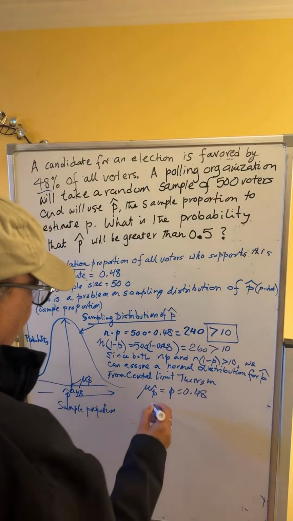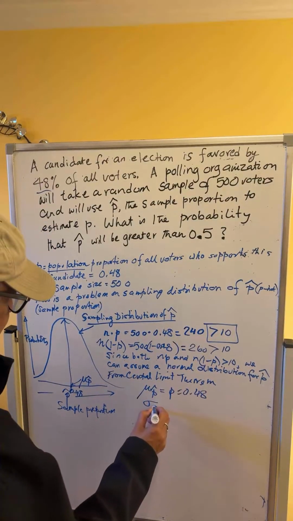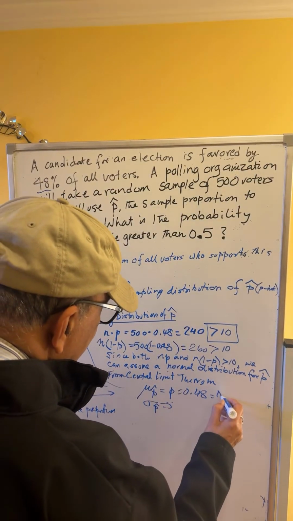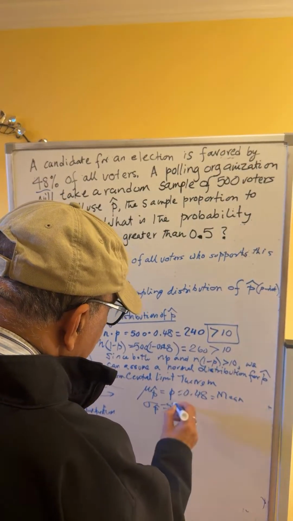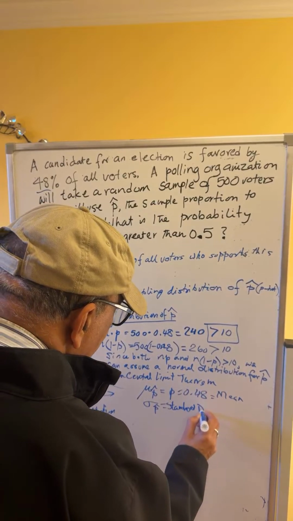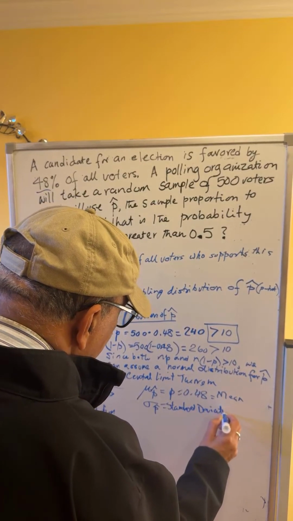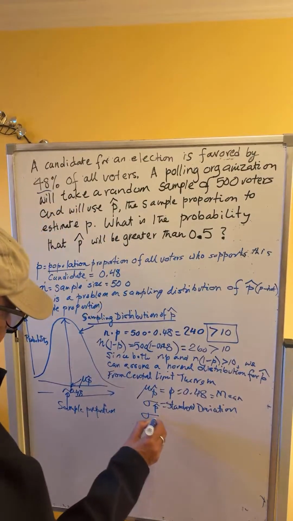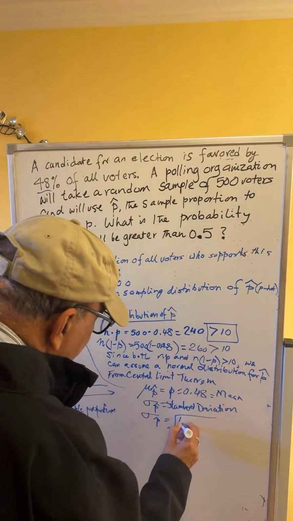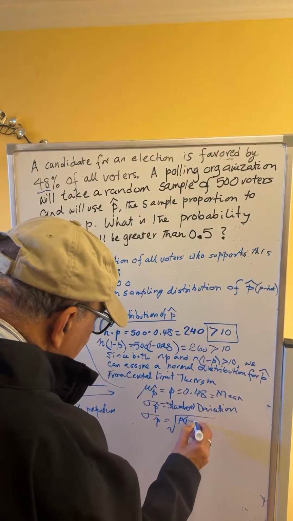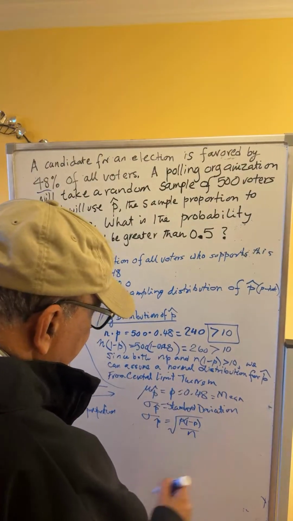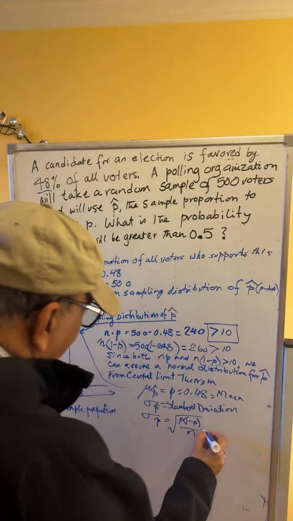Also sigma p hat, which is the standard deviation. So this is the mean. Standard deviation is given by sigma p hat equals the square root of p times 1 minus p over n. So how will we do this calculation in our calculator?